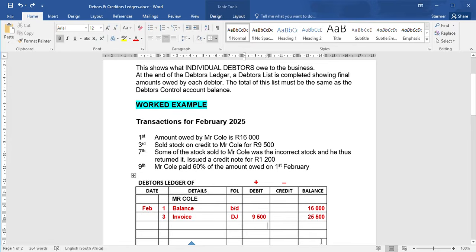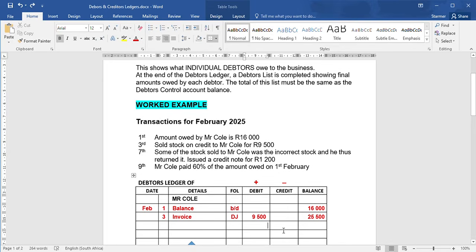So if you look at the one on the 7th, some of the stock sold to Mr. Cole was the incorrect stock rather, and thus he returned it. Issued a credit note for 1,200 Rand. So obviously the document here is going to be a credit note. Then ask yourself, if the debtor returns something, does he owe more or less?